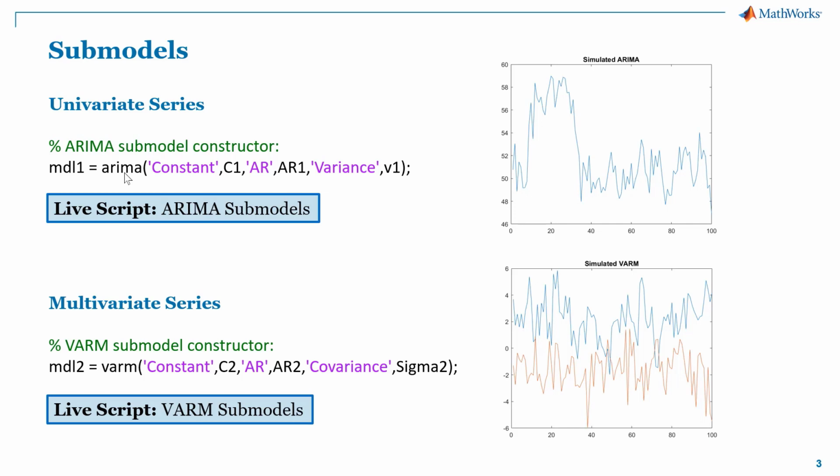They can involve things like differences, moving average terms, regression components, etc. Likewise, if you're working with multivariate data, the vector autoregressive models constructed by the varm command allow you to create these multivariate models, which you can plug into your switching model and have multivariate switching models.